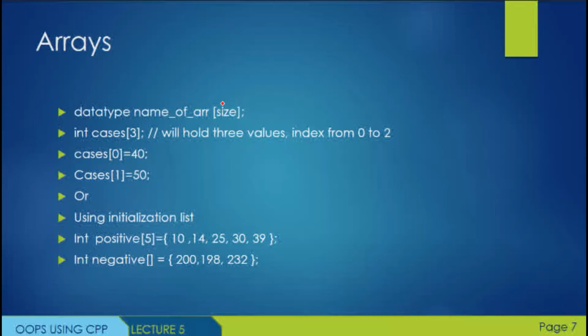This parameter, called a subscript or index, tells the compiler which element we want. This process is known as subscripting or indexing the array. Index always starts with 0 and ends at n-1, where n is the size of the array.